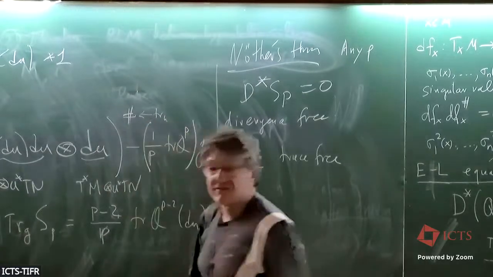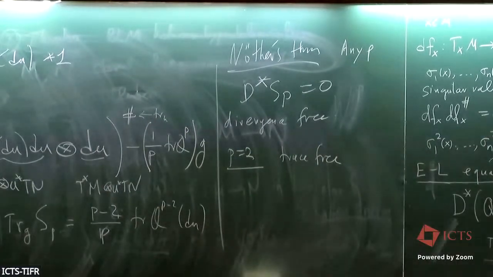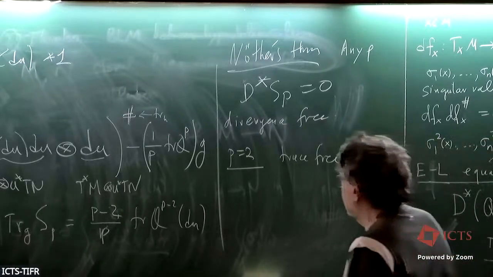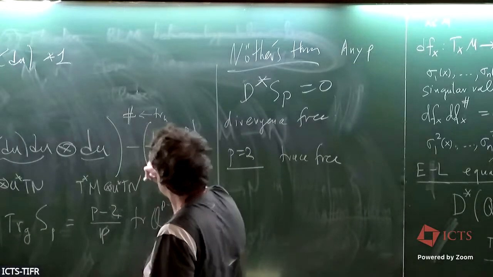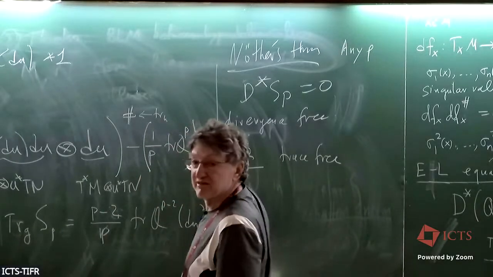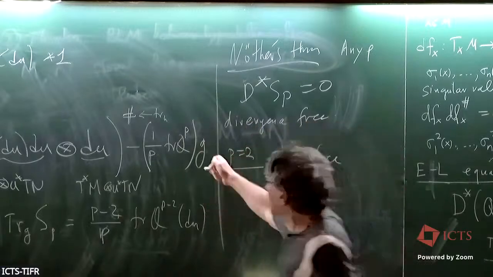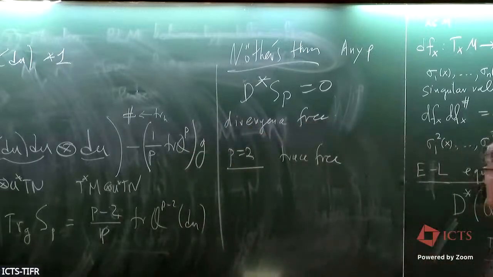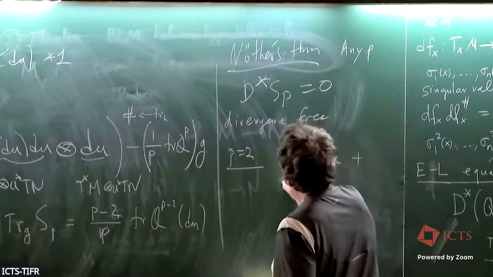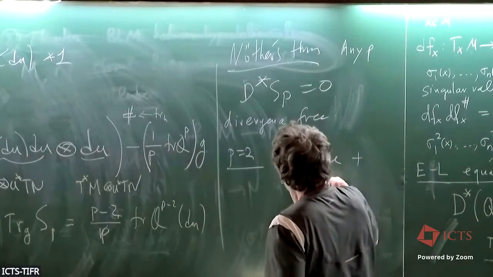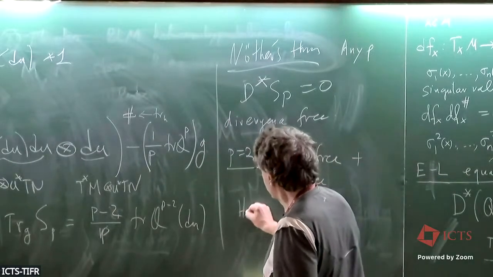So you always have in the energy momentum tensor also the Riemannian metric. And the trace of S_p is actually (p minus 2) over p, and this 2 comes from the trace of the metric being 2. So for p equals 2, it is trace free plus divergence free, and therefore a holomorphic quadratic differential.